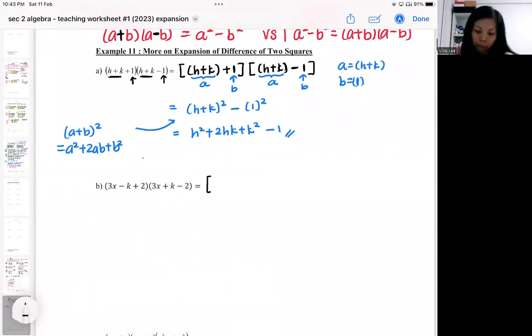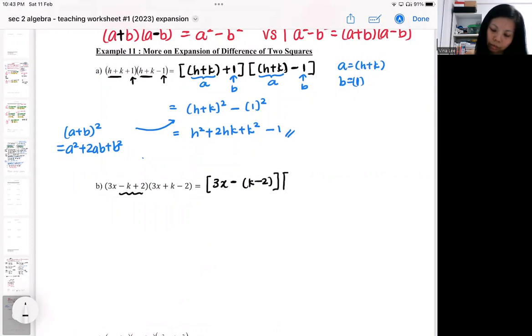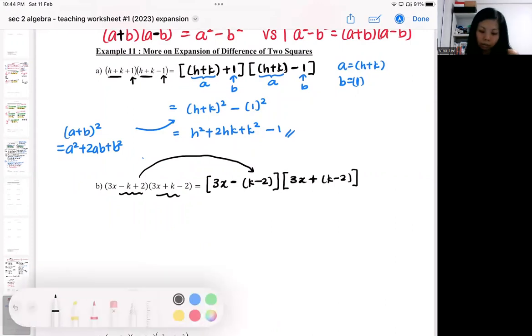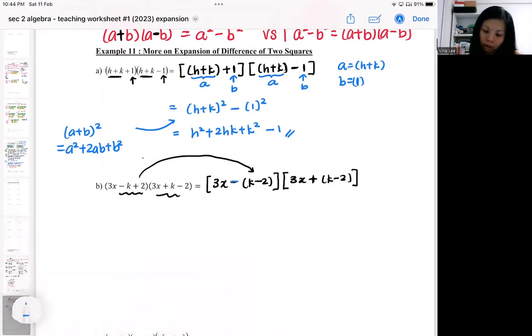The trick will be, I'm going to factorize out a negative. Here, I'm not doing anything. I factorize out a negative, do you see? So why do I do that? I want to do that so that I got a minus and a plus.